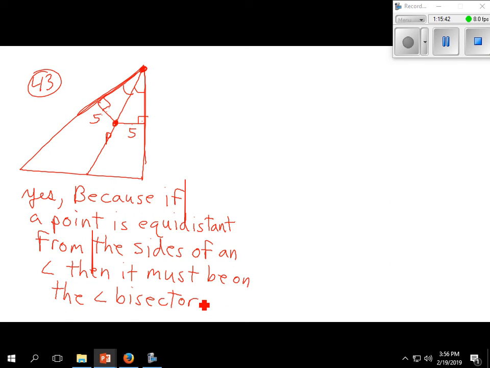So it's just the reverse of what we said on some of the other ones, or the converse, not the reverse.